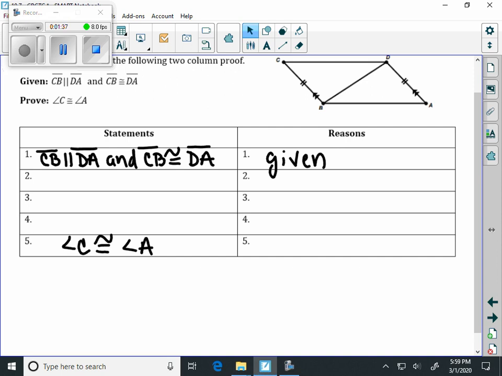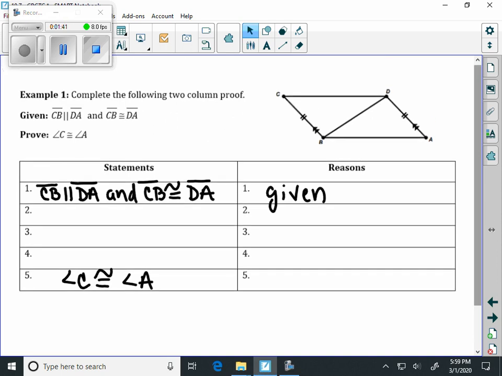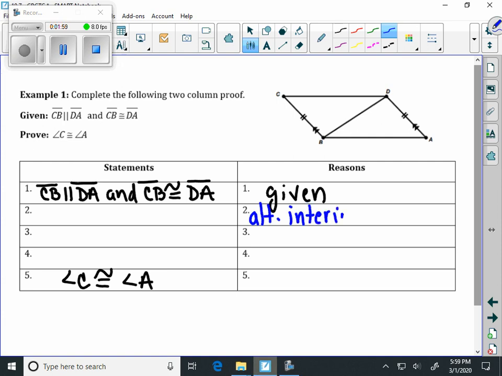So let's look up here and see if we can come up with a couple of reasons that we might be able to fill in so that we can complete this proof. In one of the first statements, it says CB is parallel to DA. When we have something parallel, oftentimes we have alternate interior angles are congruent.